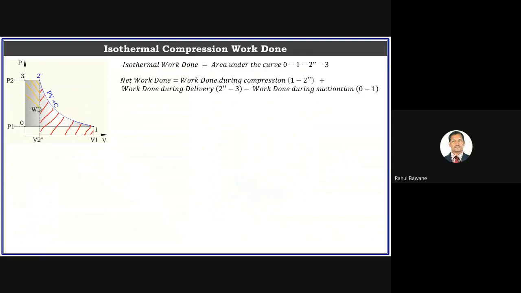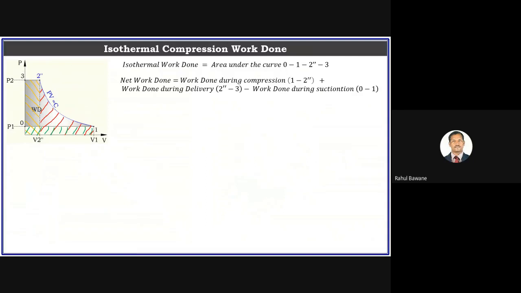So we have to add these two areas, and this will give the total work. And from this, if we subtract this bottom horizontal rectangular area, then we get the net work done.